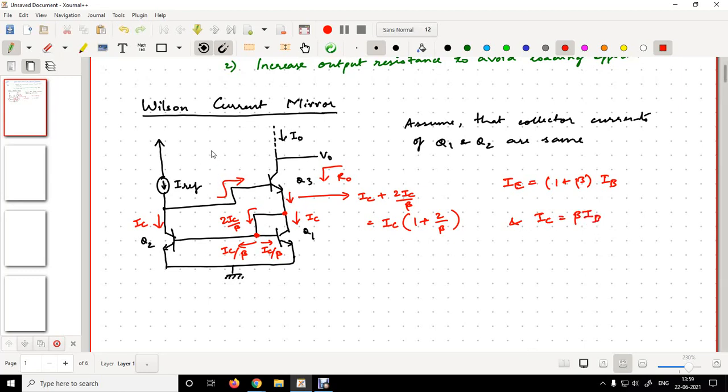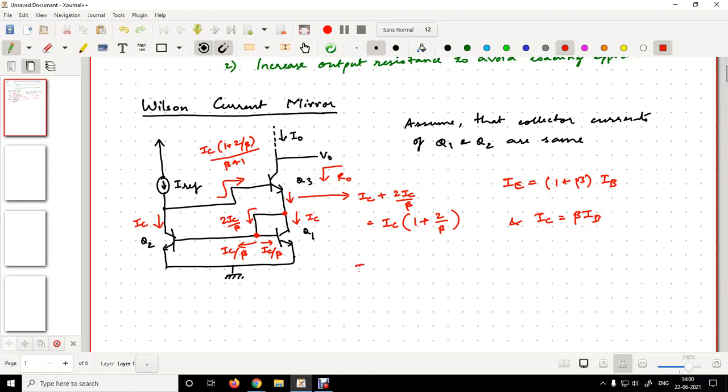So the base current seen at Q3 is IC into 1 plus 2 by beta divided by beta plus 1. So this is all we derived in the last class. From this, I know the base current and the emitter current of Q3, so I can find the collector current of Q3, which is nothing but I naught.